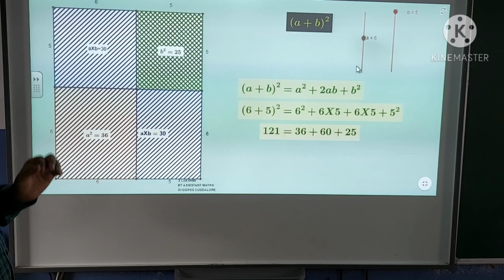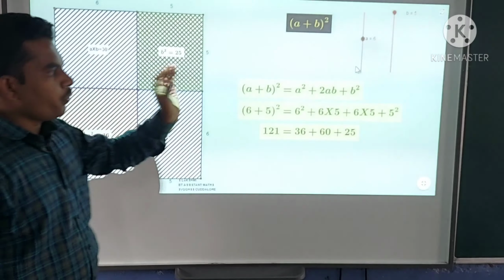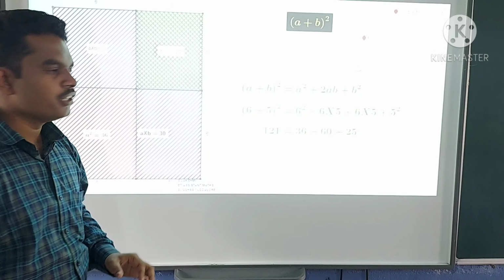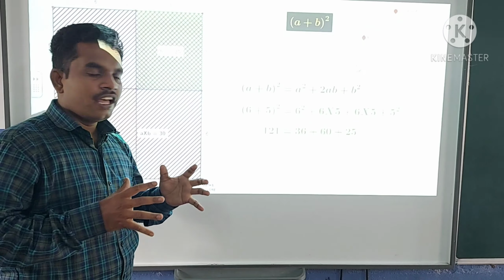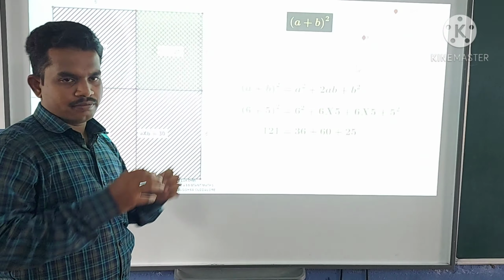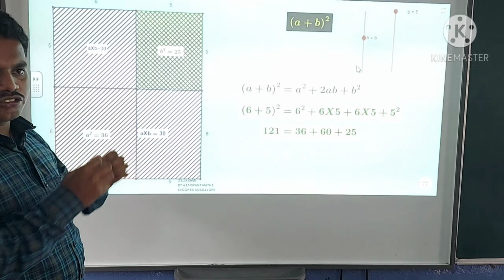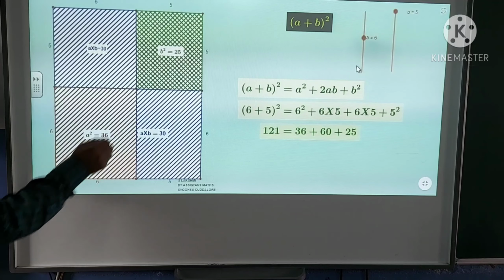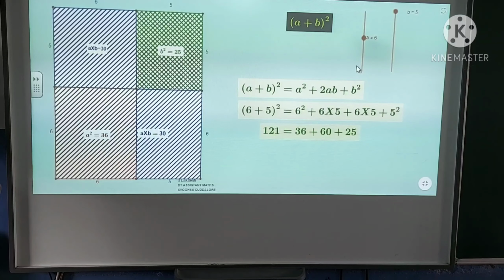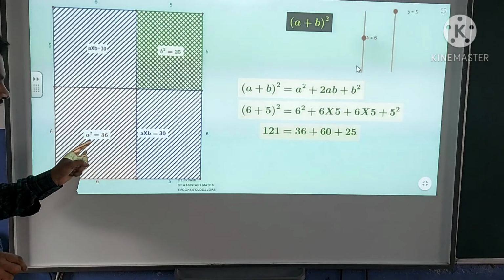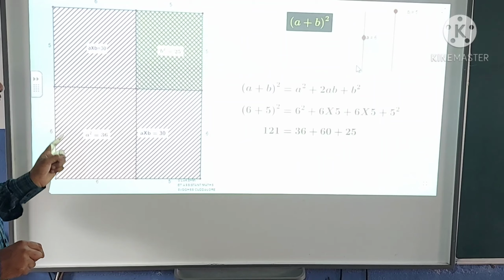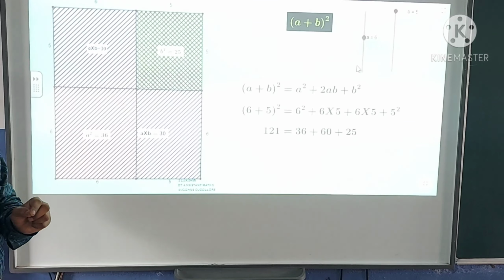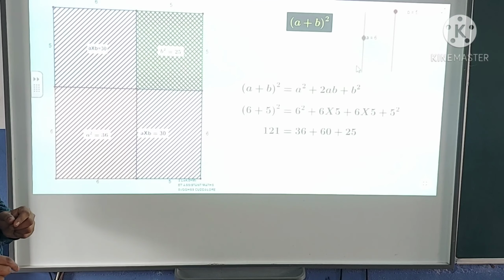Okay. Now a square means what? A square means it is a square. So in a visualized manner, a equal to 6, so a square equal to what? 36. Okay.